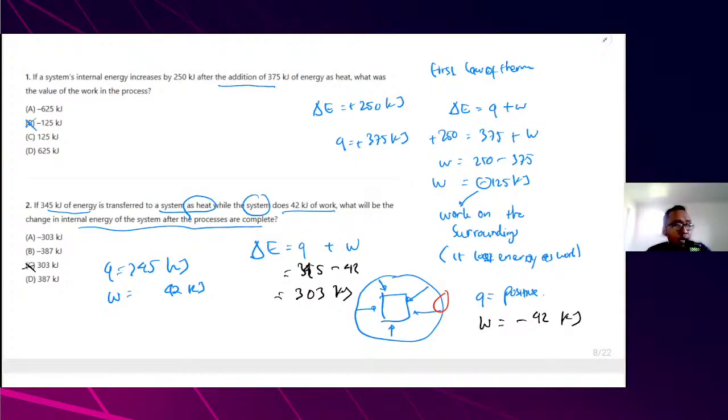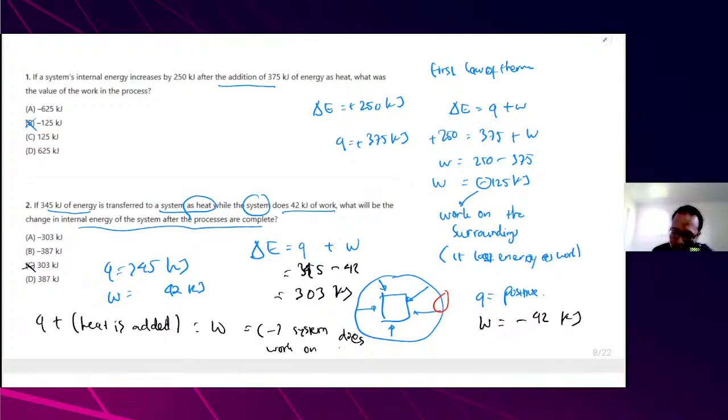Always remember, Q will be positive if heat is added, and then W will be negative if the system does work on surroundings. Okay, just remember this one. And be careful with the sign.